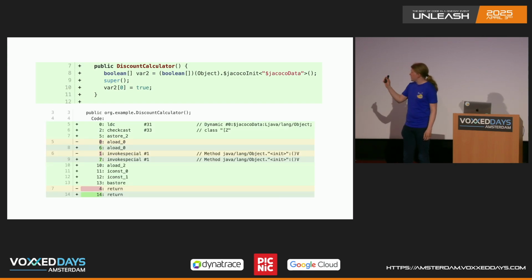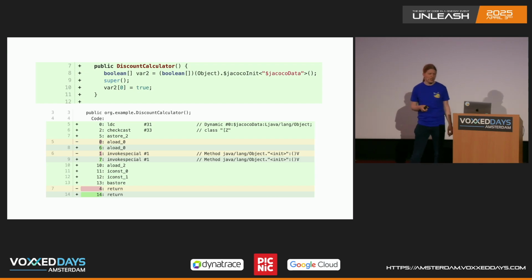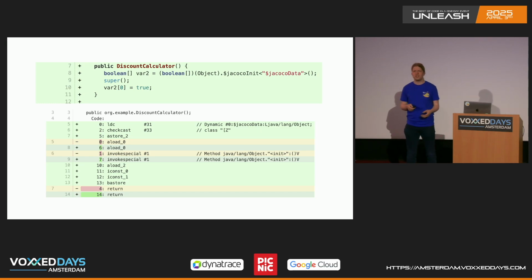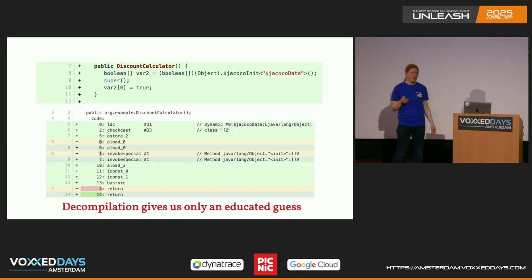And then another thing, I'll come back to the slide in a minute, you saw here that this method call looked weird because it had JaCoCo data string somewhere. It doesn't look like proper Java, and that's because it isn't what's really happening. If you look at the bytecode closely, you might see that it essentially loads a constant from somewhere, that it loads some value and doesn't call anything. Because beware, the decompilation gives you only an educated guess.